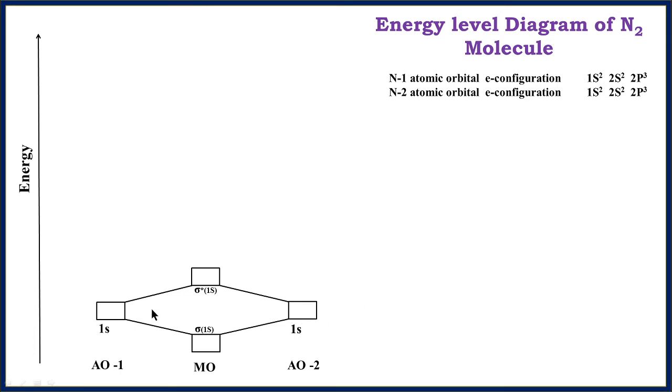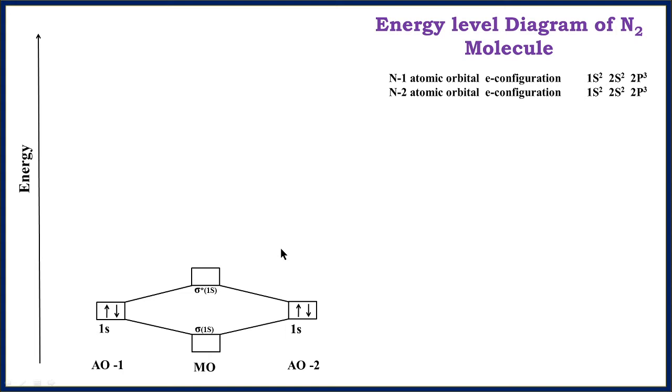So already we know the electronic configuration of the nitrogen atom. It is 1s2. Now these four electrons, after overlapping of the atomic orbitals, should be filled in these molecular orbitals. Now let us see how these electrons will be filled in the molecular orbitals.